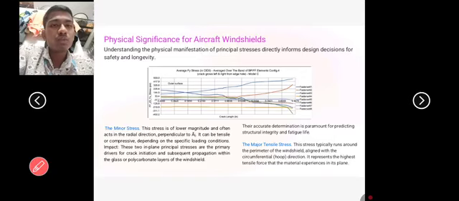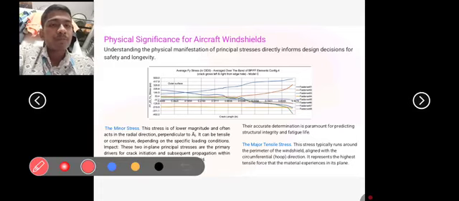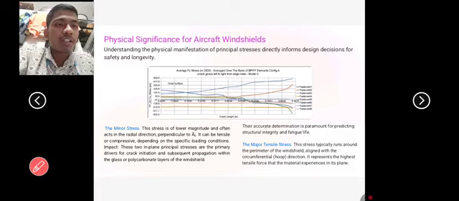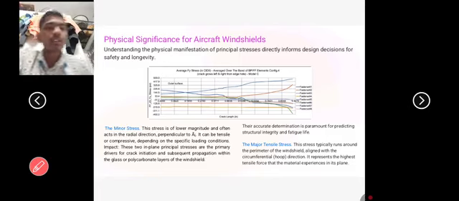These two in-plane principal stresses are primary drivers for crack initiation and subsequent propagation within the glass or polycarbonate layer of the windshield. Their accurate determination is paramount for predicting structural integrity and fatigue life.